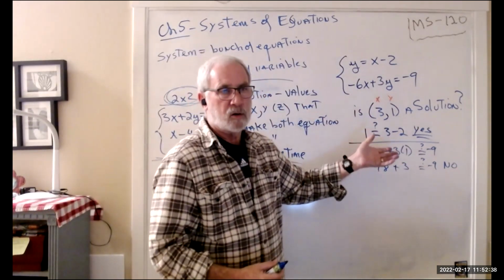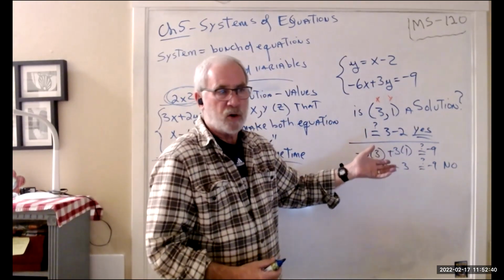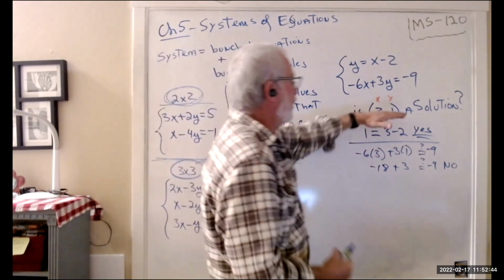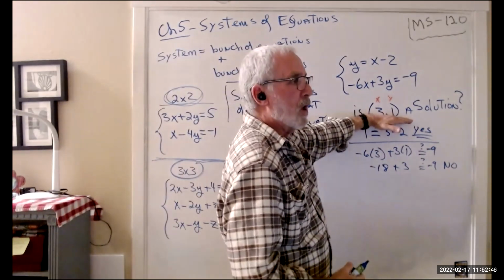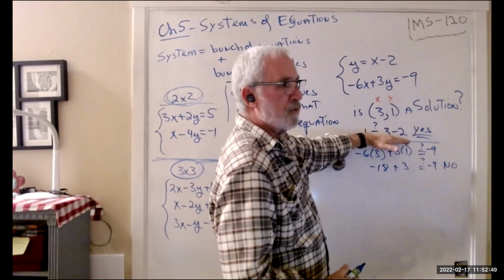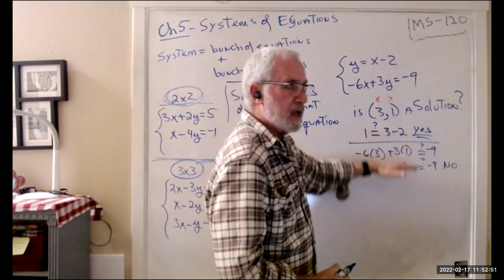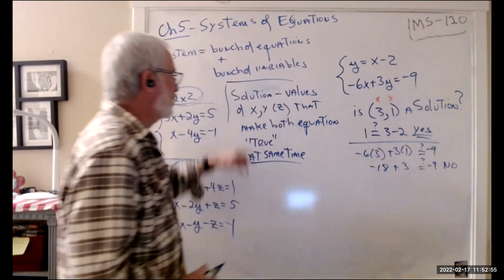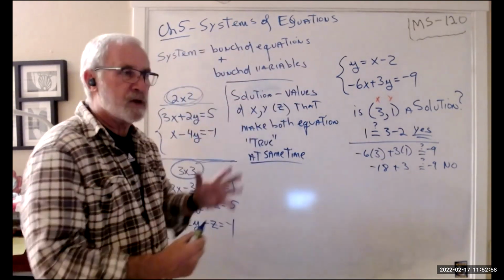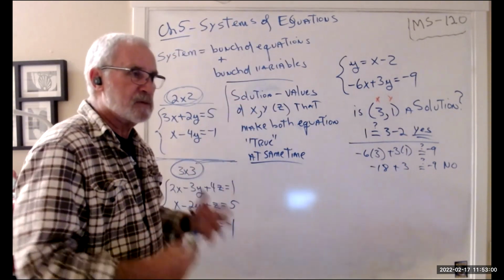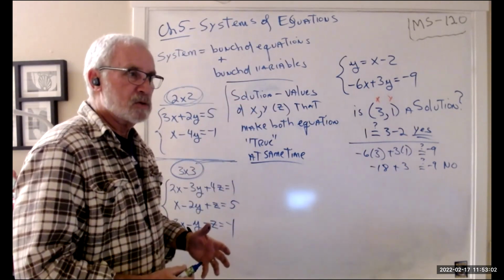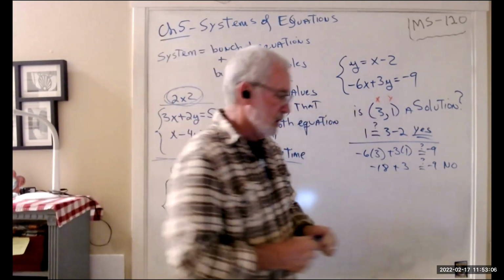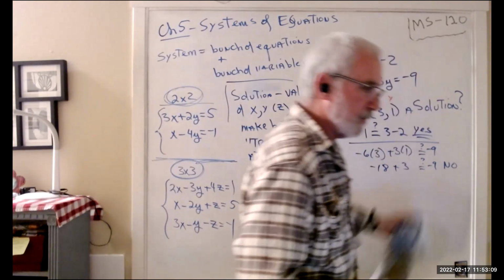I don't care. The answer is either yes or no. So, is this a solution? No, because even though it made one of the equations true, it didn't make the other one true. And the definition says the solution makes both of the equations true at the same time. So this is not a solution. Is that okay with everybody?